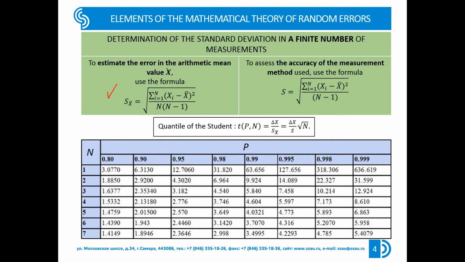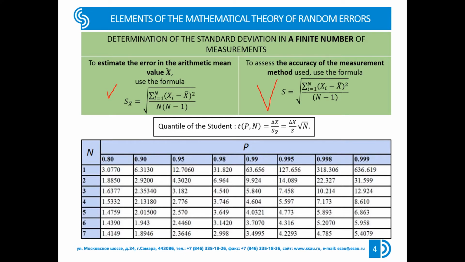To assess the accuracy of the measurement method used, you can apply the formula for calculating the standard deviation of an individual measurement, shown on the slide on the right. Knowing this, you can select the number of measurements required to obtain the acceptable random error of the final measurement result.